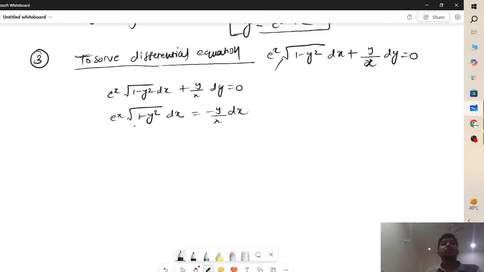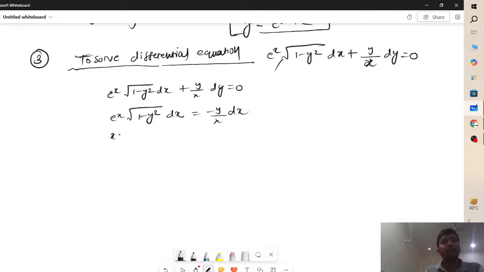Now we separate variables: we write e^x dx together and minus y under root 1 minus y square dy together. This is the so-called separation of variables to get our required solution.